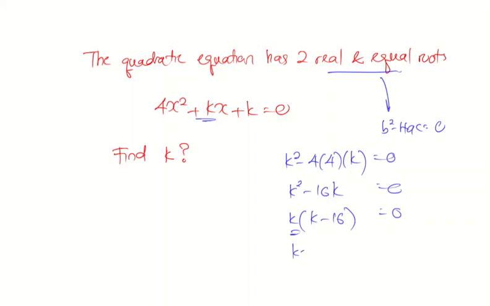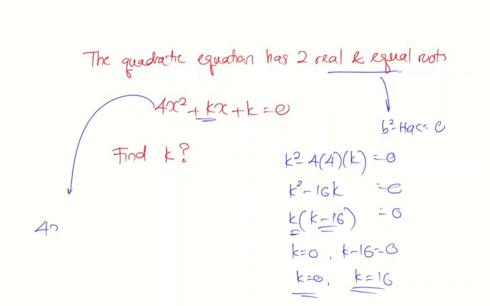So k equals 0 or k minus 16 equals 0. k equals 0 or k equals 16. If k equals 0, the equation is 4x squared equals 0. If k equals 16, the equation is 4x squared plus 16x plus 16 equals 0. You could have two possible values of k. Okay, everybody, can or not?